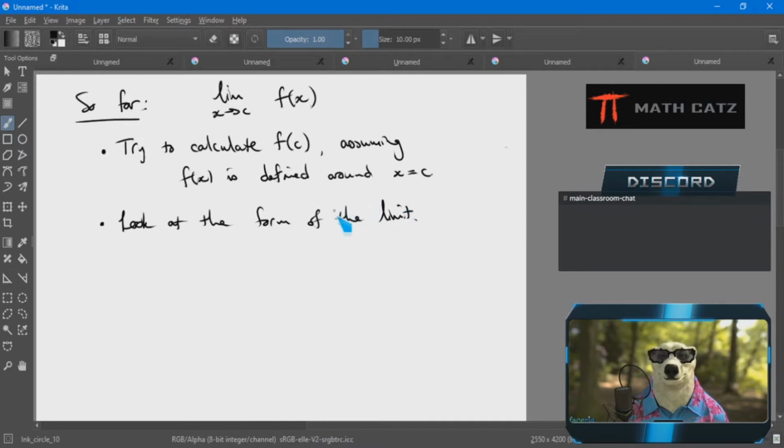Notice that if I look at the form of the limit, it is plugging in x into the pieces of the function. And if I can calculate a y value, then the form of the limit will be that y value. So it's sort of in here as well. But I don't have to look at the form when plugging in the x value is going to work. There's no need to talk about the form, but it is the same thing in that case as well.